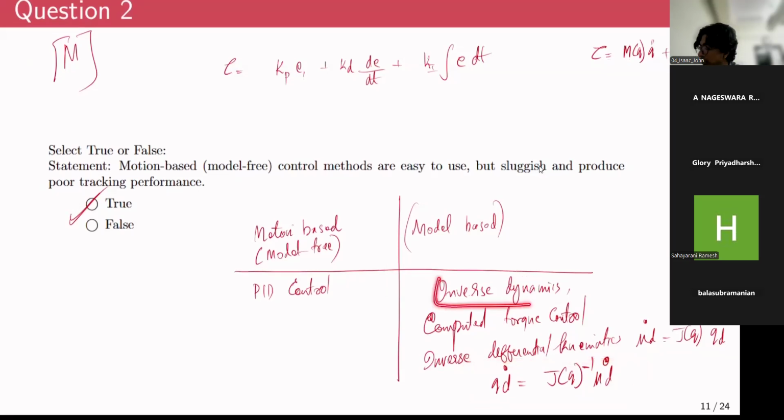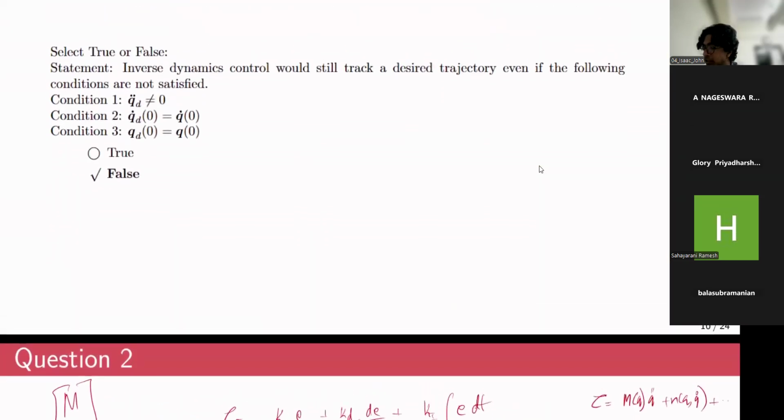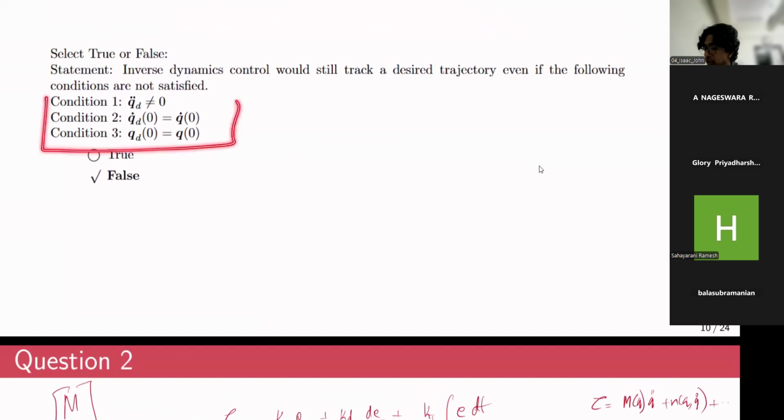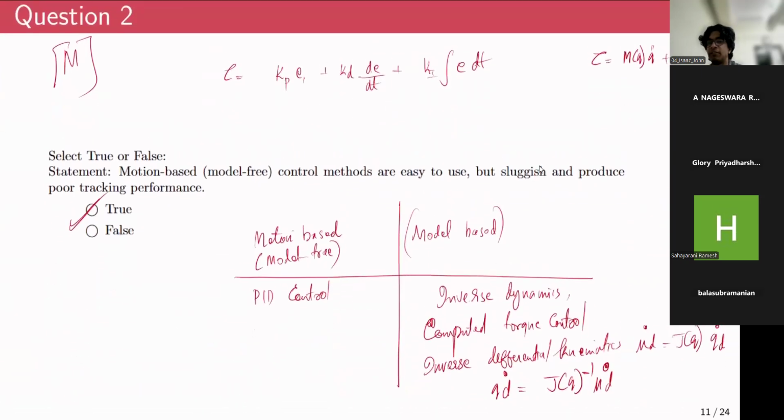You may have to go with inverse dynamics. But then inverse dynamics will also have its own problem. In the previous question we have seen, it has to follow these conditions, and the robot should also be free from external disturbances. So if all those things are not matching, inverse dynamics would also not be good.